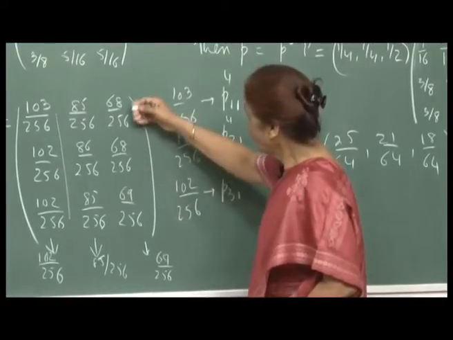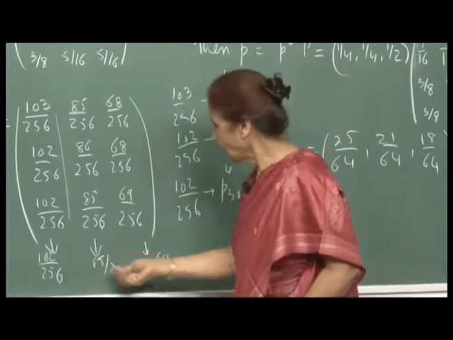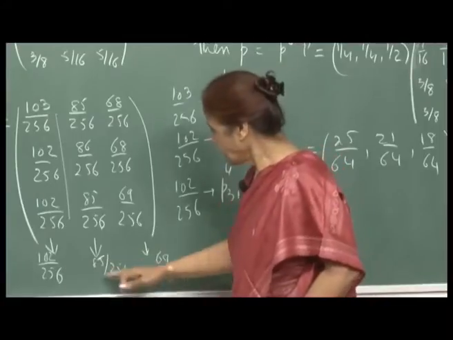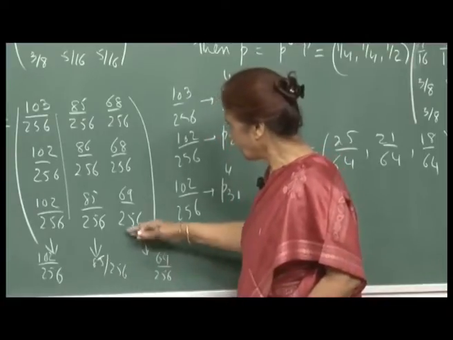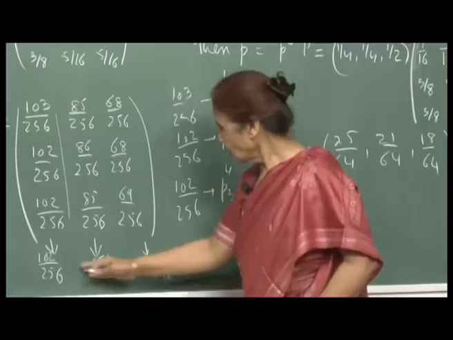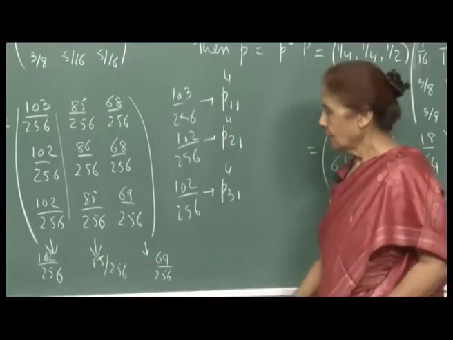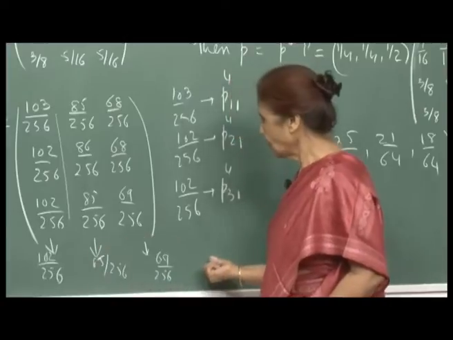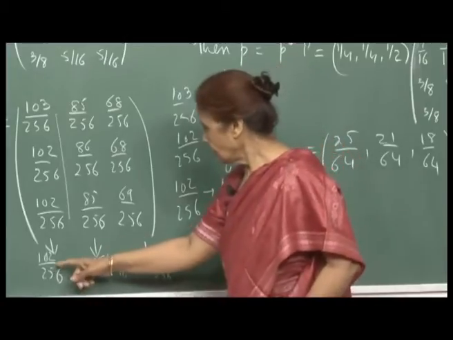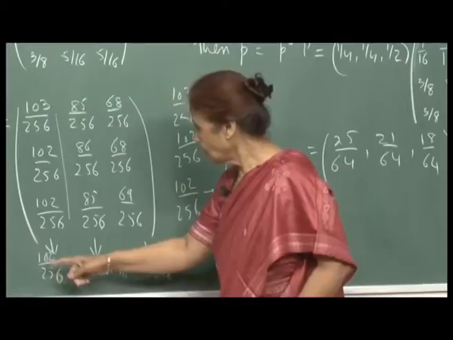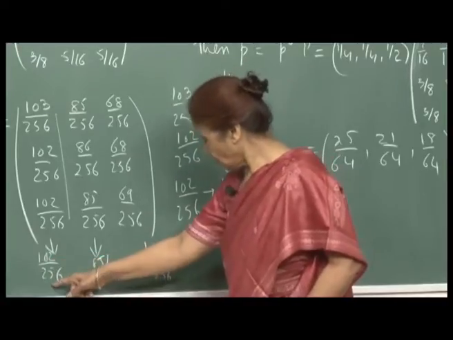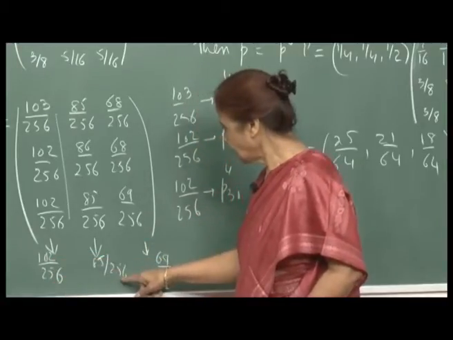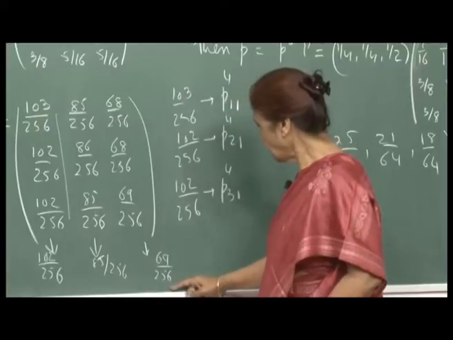You might ask why not 68, but remember the probabilities these are converging to must also add up to 1, because the system has to be in one of the states. So, using the same argument, if this converges to 102 upon 256, this to 85 by 256, then this should be 69 by 256.